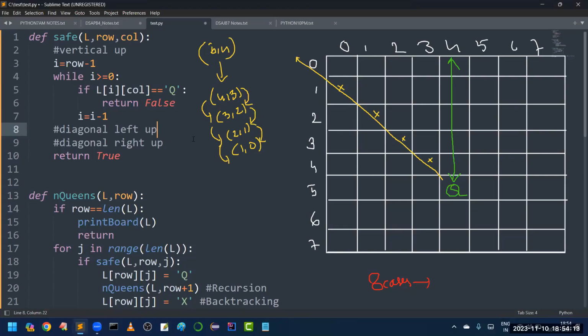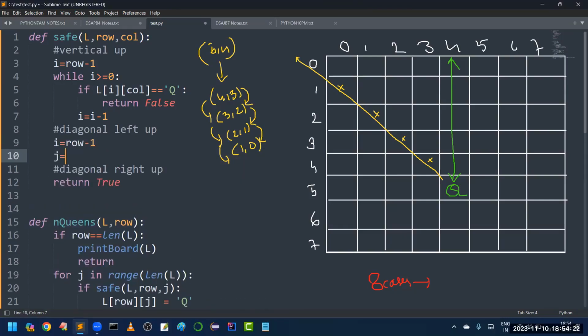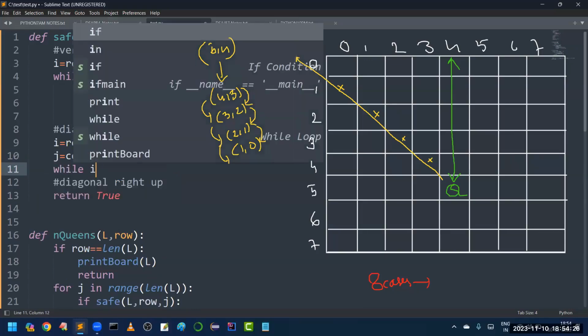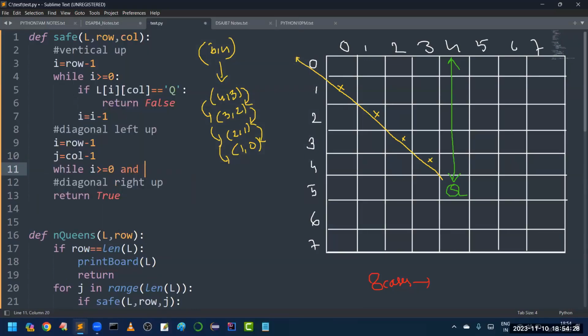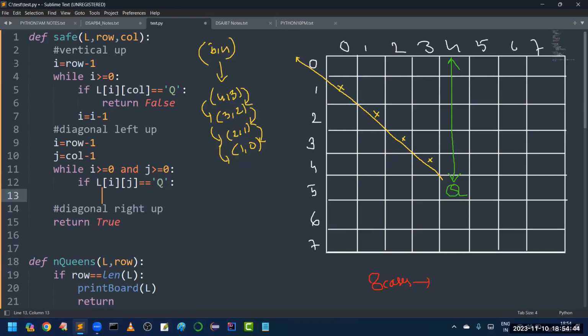Let us design that. Here, compulsorily, we have to take both i and j. What is the i value? Row minus 1. What is the j value? Column minus 1. So until the value of i is greater than 0 and the value of j is greater than 0, if both the conditions are true, then we are checking in L of ij, is there any queen or not?